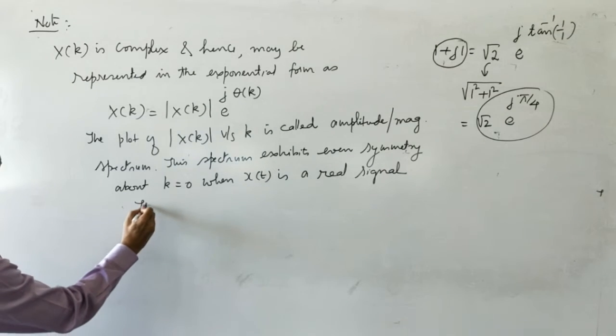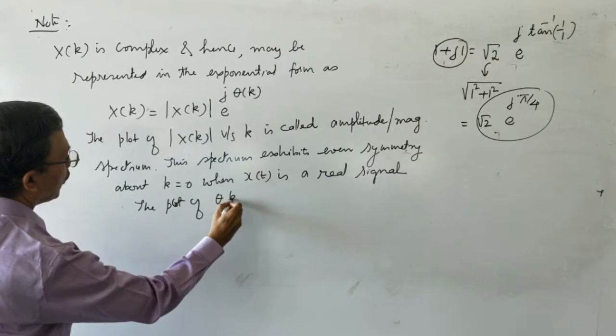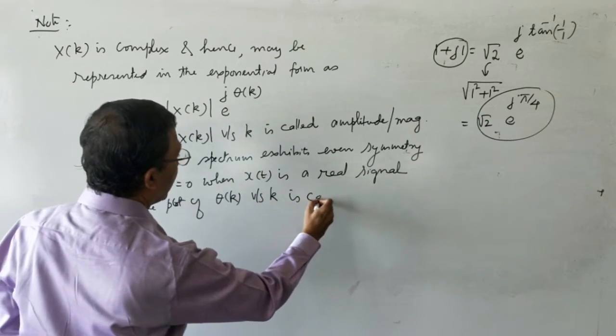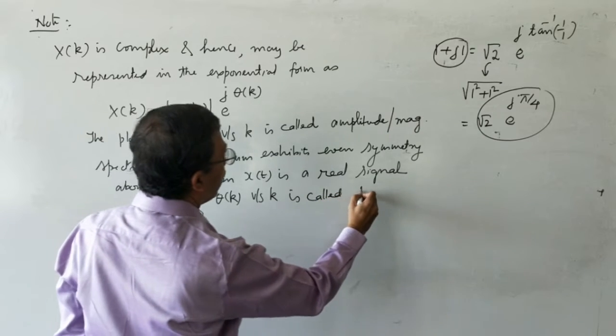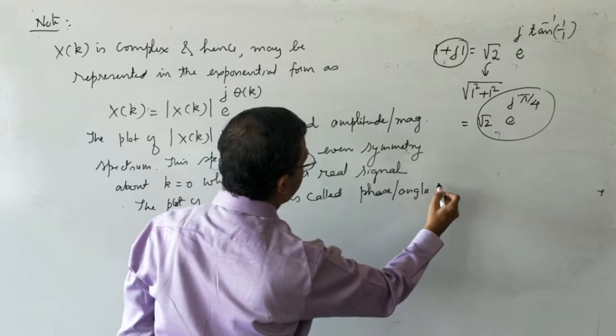The plot of theta of k versus k is called phase spectrum, or angle spectrum.